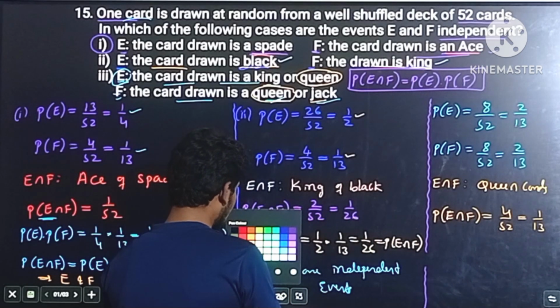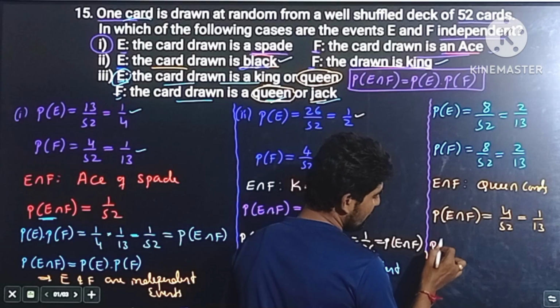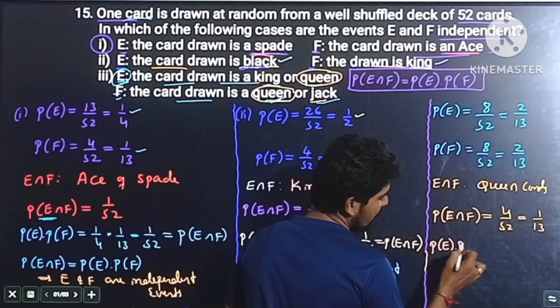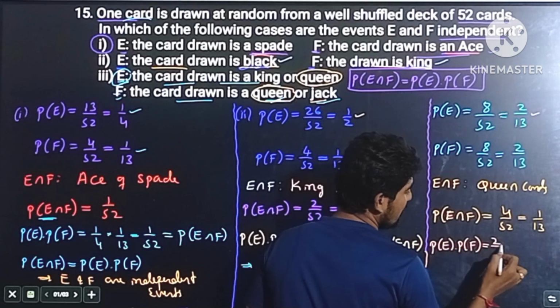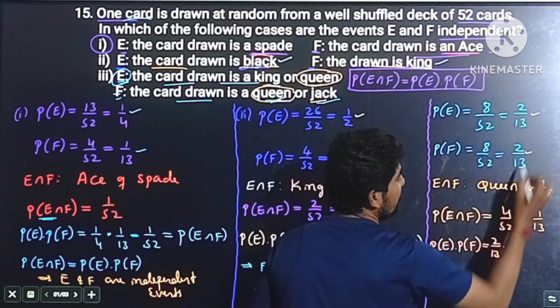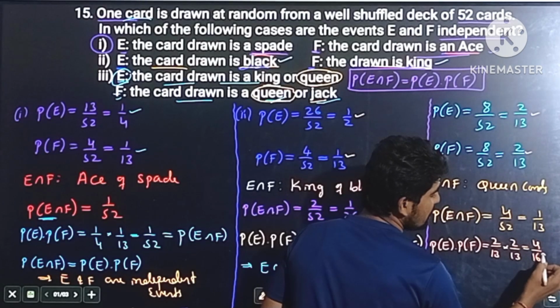Now for identifying whether these 2 events are independent or not, let us consider the probability of E into the probability of F. The probability of E is 2 by 13 into the probability of F which is also 2 by 13, which is equal to 4 divided by 169.